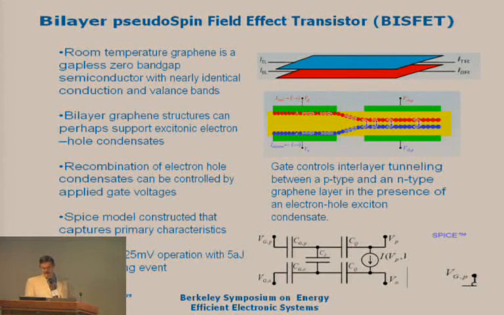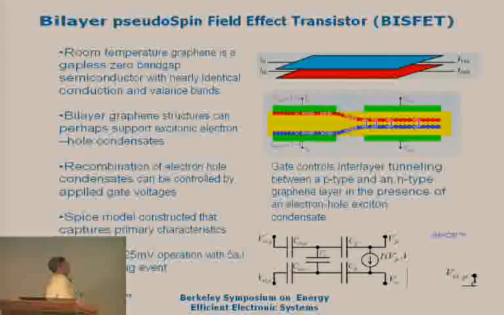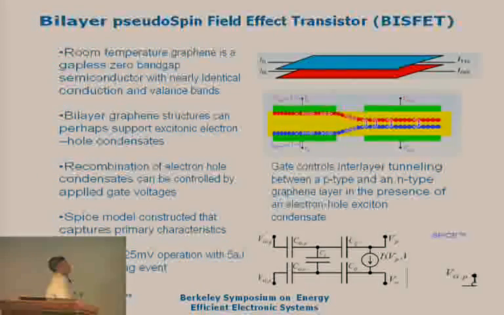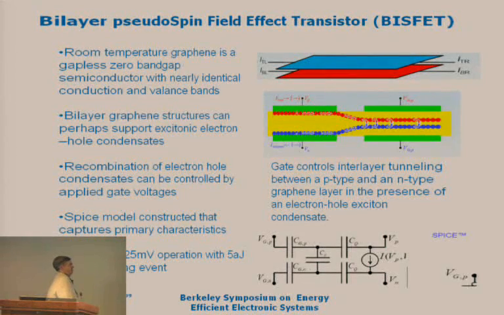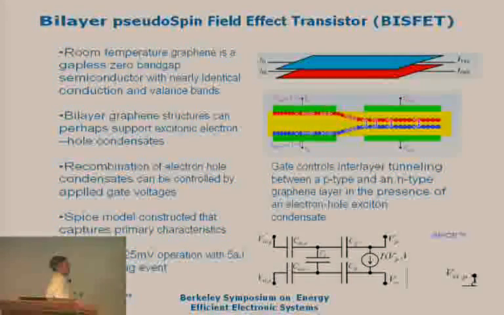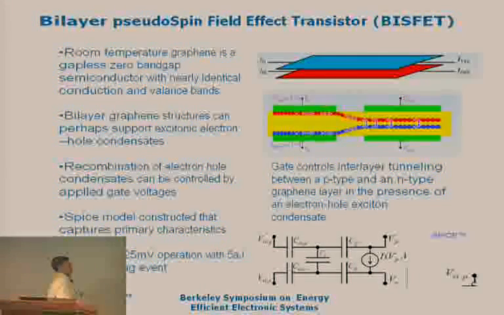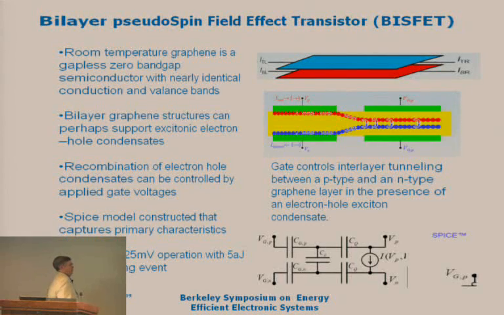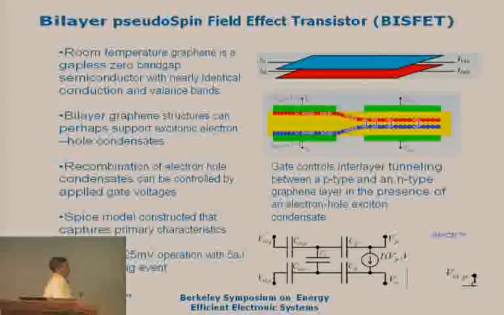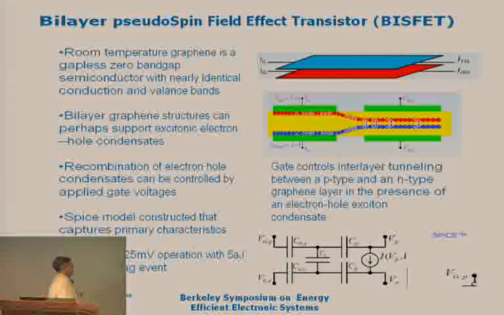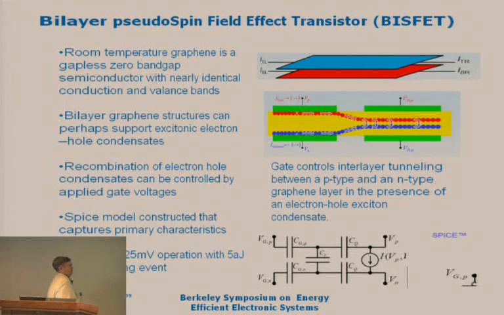The last slide is something completely different, which is a pseudo-spintronic device. The idea here is to form a Bose-Einstein condensate of holes on one layer and a Bose-Einstein condensate of electrons on the other layer. They will form an excitonic pair, which at any applied voltage, positive or negative, will maintain their excitonic relationship.